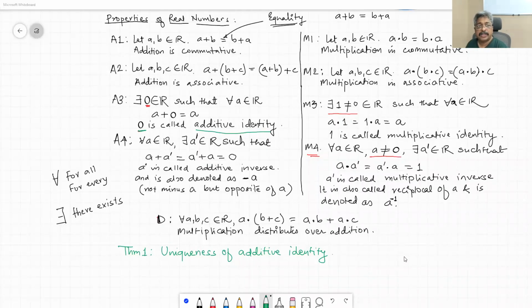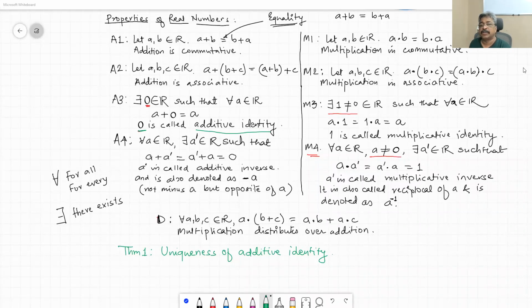Okay, once we are done with these properties of real numbers, the time is to prove few theorems. So theorem 1, uniqueness of additive identity. Additive identity is unique. So 0 in A3 that we have got is unique. We cannot afford to have more than one additive identities in the set of real numbers.